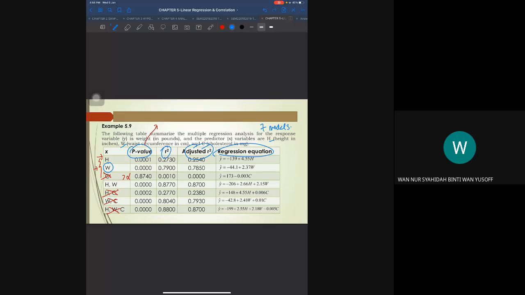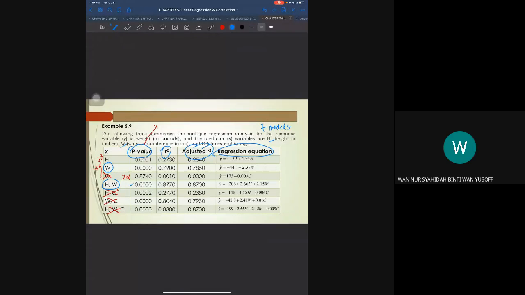Then we need to determine the best model for the two predictors. What's left here is HW, so automatically HW is the best model for the two predictors. Of course we need the significant p-value, and the adjusted R square is coincidentally the highest one.